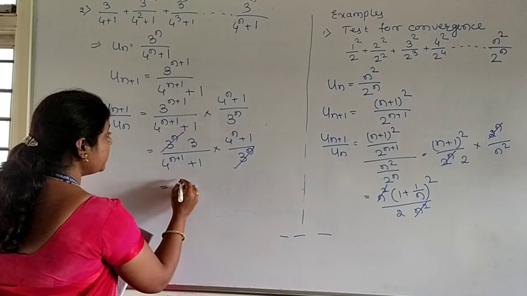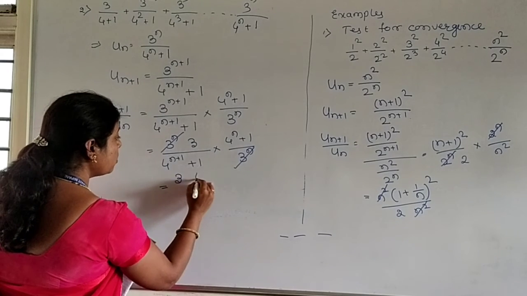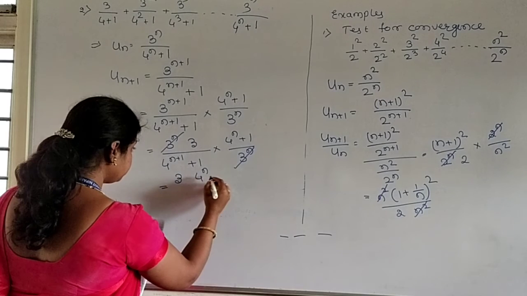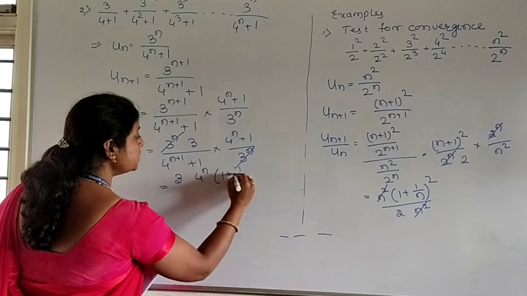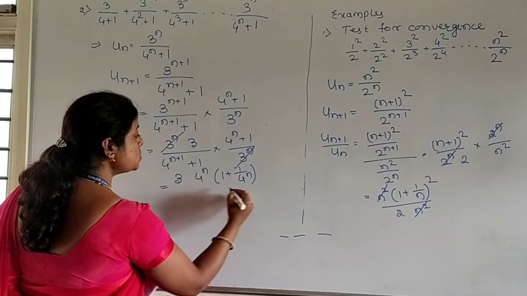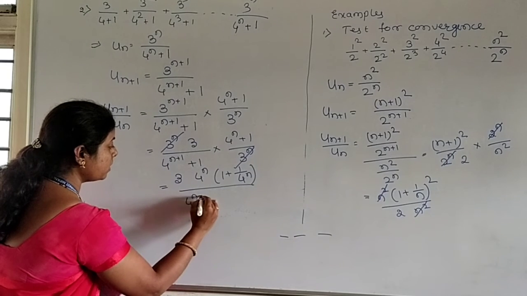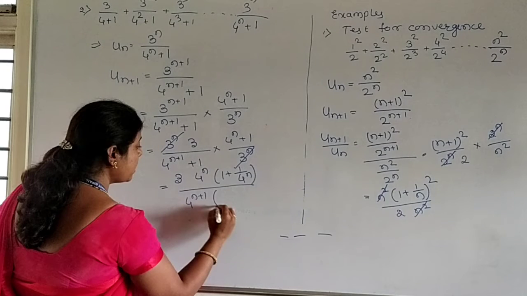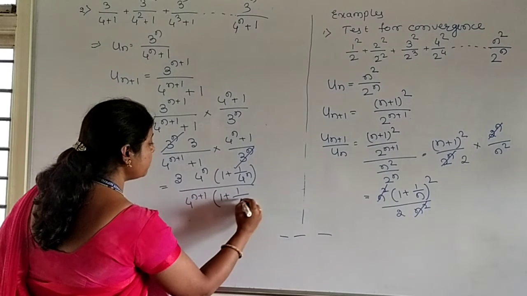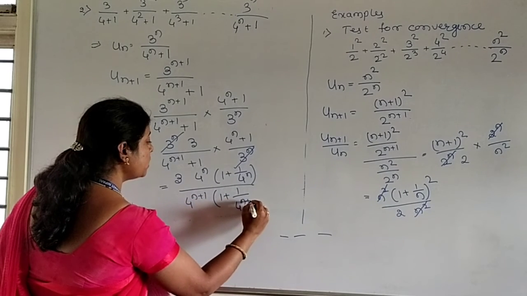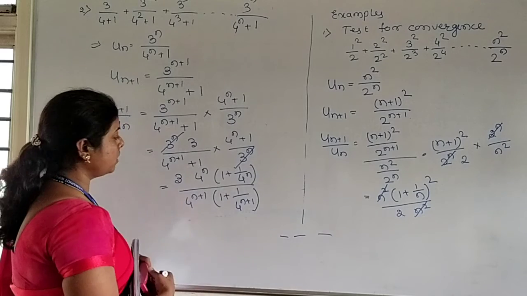Now here we have to take 3, 4 raised to n common and this becomes 1 plus 1 by 4 raised to n. Here also we can take 4 raised to n plus 1 common and this becomes 1 divided by 4 raised to n plus 1 term.